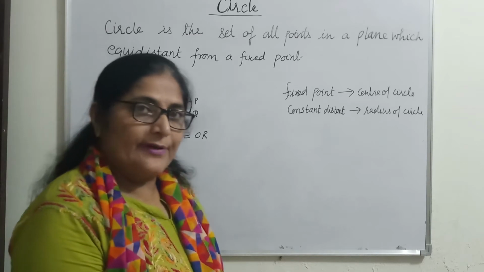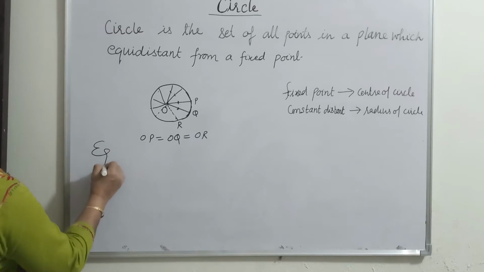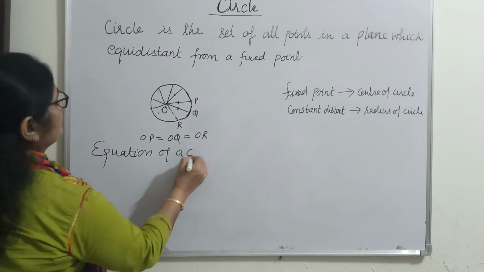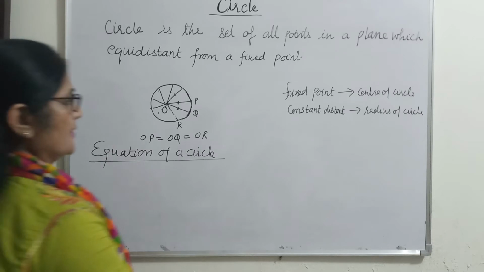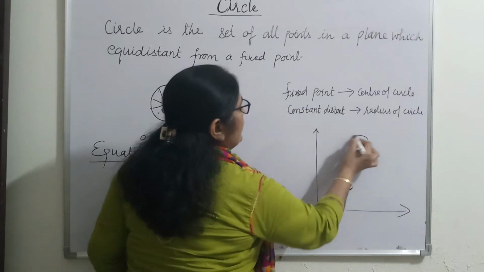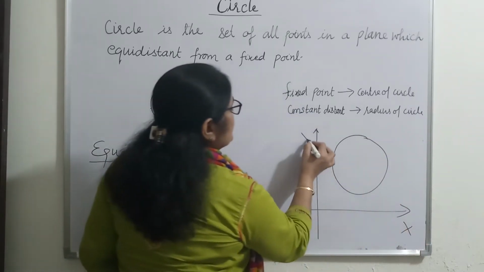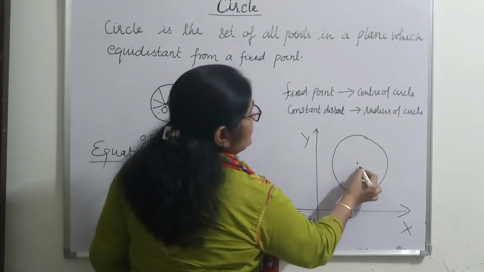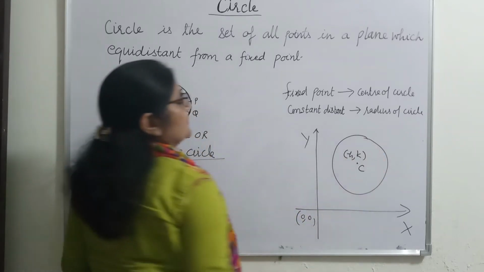Now, we will derive the equation of a circle. Let a circle in the xy plane have center C whose coordinates are (h, k).